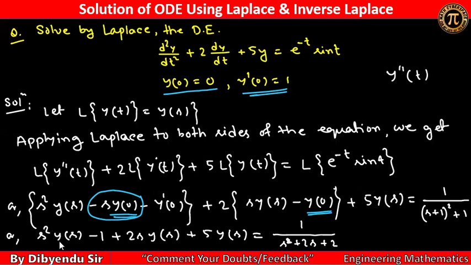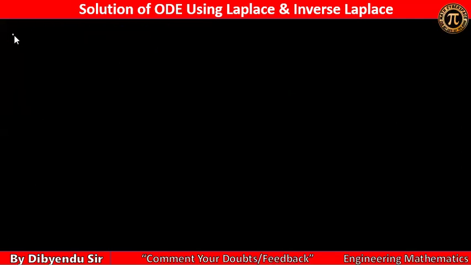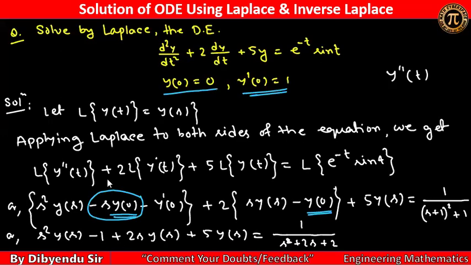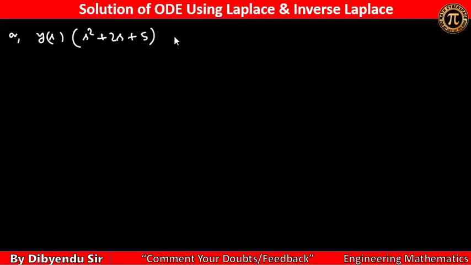Now from the left hand side, take common Y(s). So you are getting Y(s) into, in bracket, s squared plus 2s plus 5. Yes or no? Also you have another term, this minus 1, so you write minus 1.